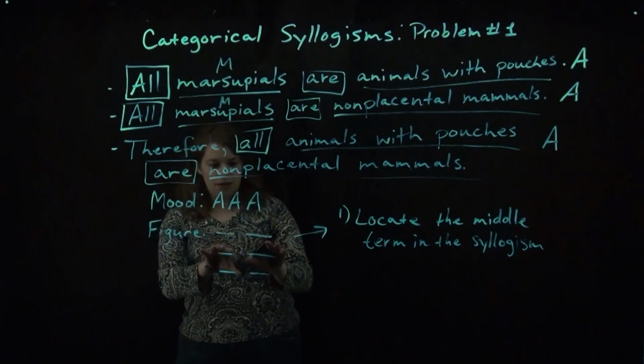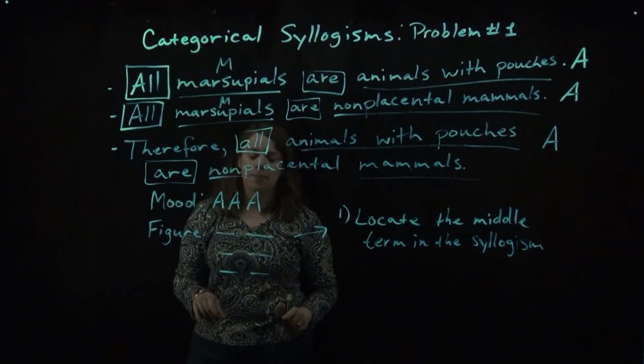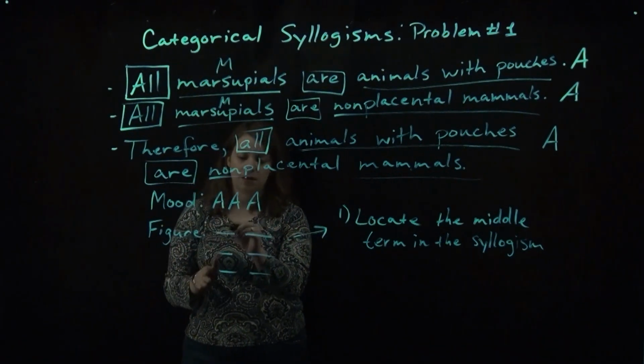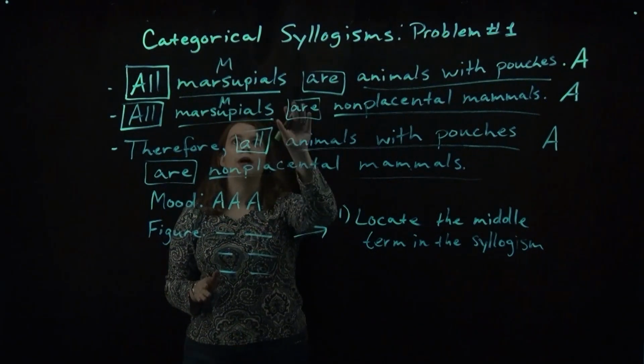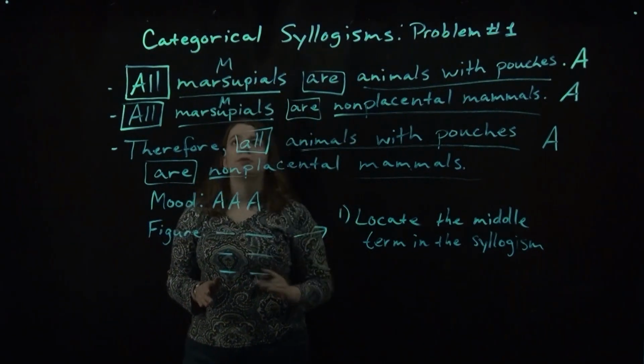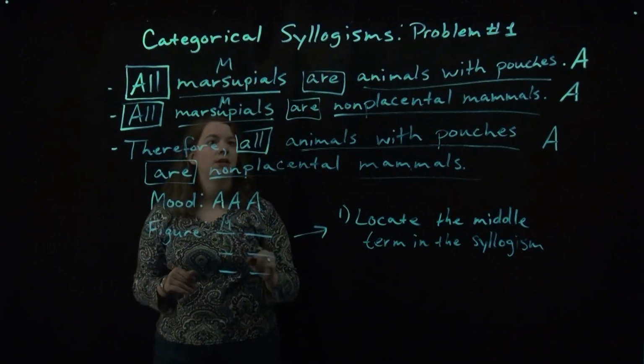So what we're going to do down here, when it comes to this figure diagram, is just put in each of these slots what the term is. These two lines representing the first premise, we'll say the middle term comes first.